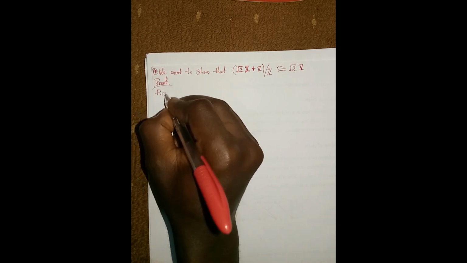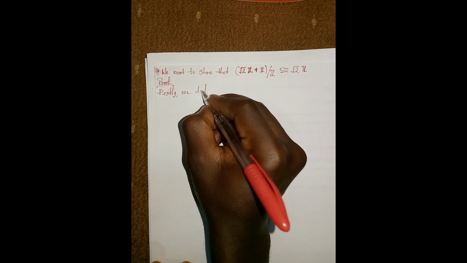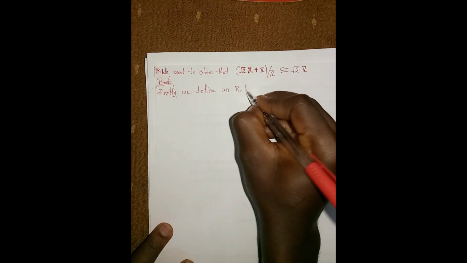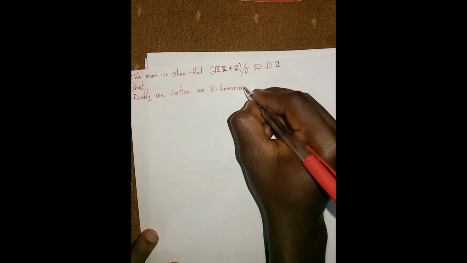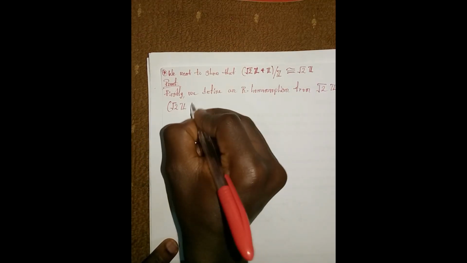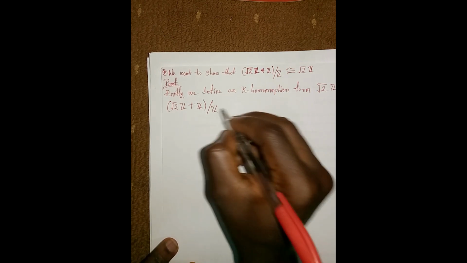Firstly, we define an R-isomorphism from the square root of 2 script z to the square root of 2 script z plus script z by script z.